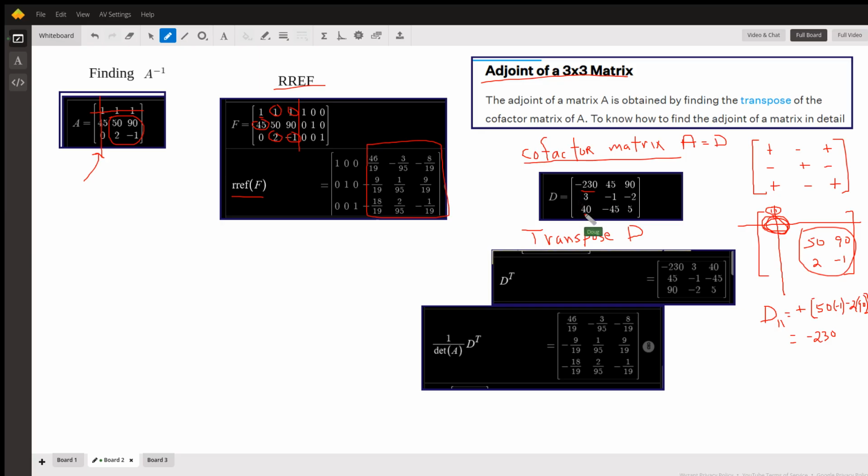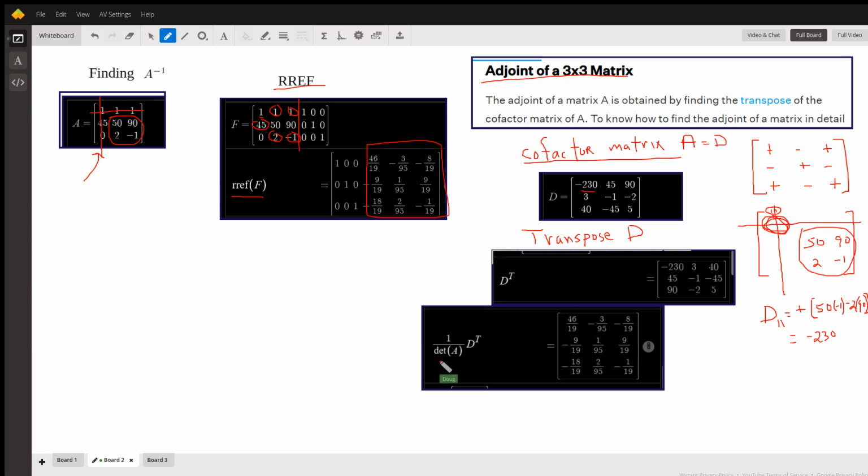The transpose is just interchanging every element around the diagonal. So the 45 and the 3 are interchanged, the 90 and the 40, and the -2 and the -45. That's the transpose of the cofactor matrix.